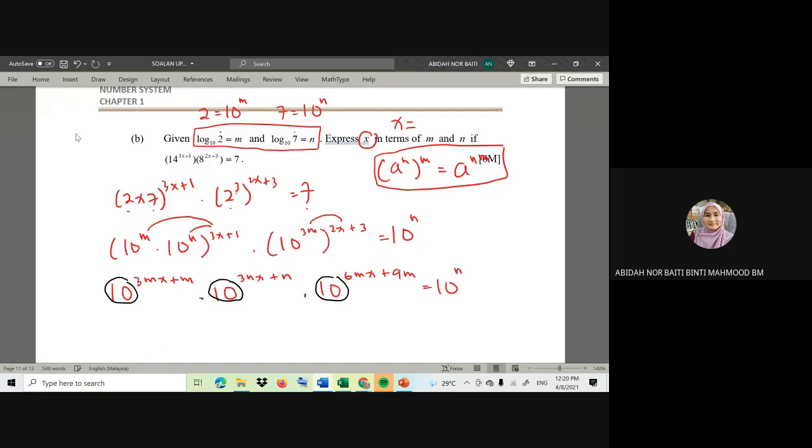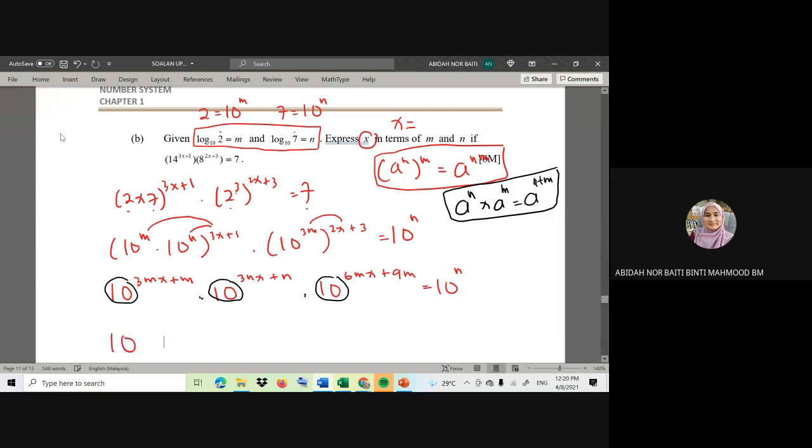Same base, multiply. We can apply rules of indices. Okay, yang mana? Yang ni lah a power of m times a power of n equals to a power n plus m. Okay, sebab kita jumpa semua base dia sama dan darab.